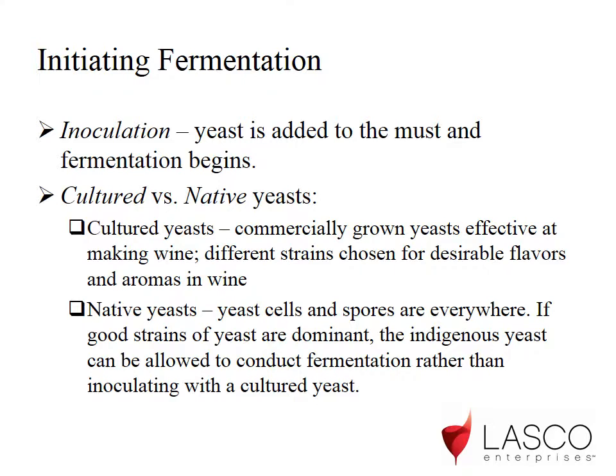But compared to the cultured yeast, these ambient yeasts hold more potential risk. They could incite an unpredictable fermentation, resulting in the presence of off flavors and aromas and higher volatile acidity. Also, there is a potential risk for a stuck fermentation if the indigenous yeast strains are not vigorous enough to fully convert all the sugars into alcohol.